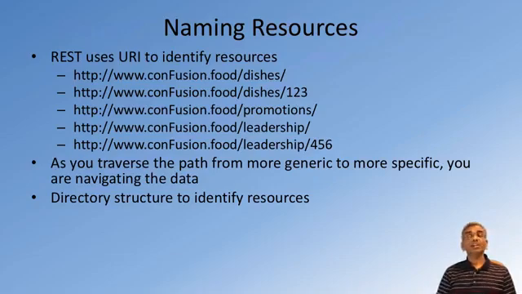But dishes/123, for example, might mean dish number 123. So you can specify a collection of resources, identify them as a collection, and then download them as a collection, or you can identify an individual resource and say that you want that particular resource.